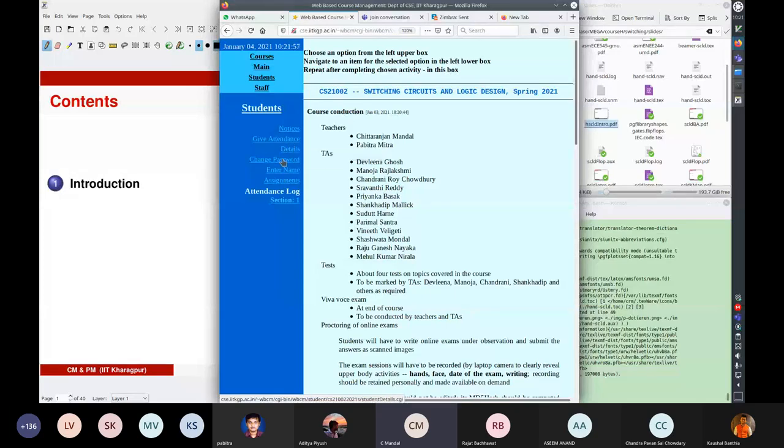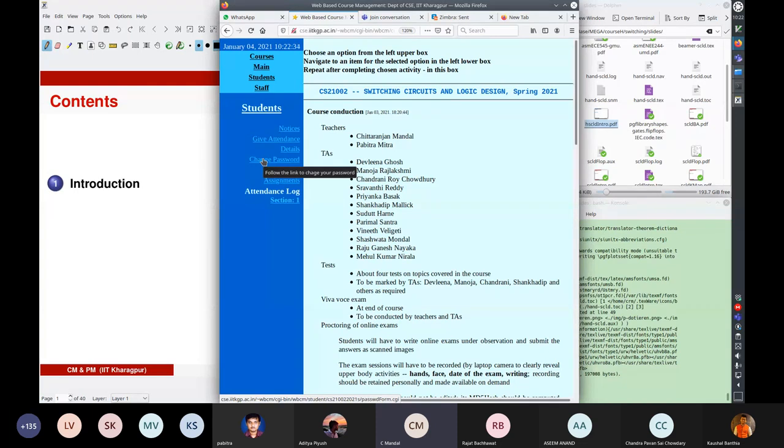Now, this attendance facility we will not use from WBCM, because I expect that MS Teams will have an internal attendance facility as you attend the lecture. So there is an attendance which you can automatically download in MS Teams. So we'll not be using the attendance facility of WBCM.